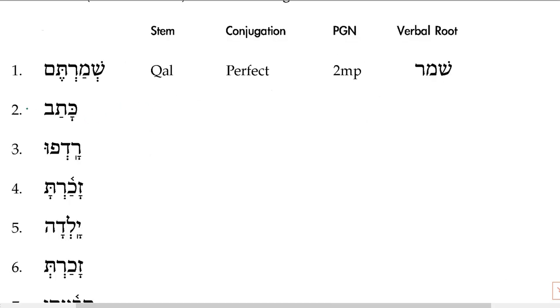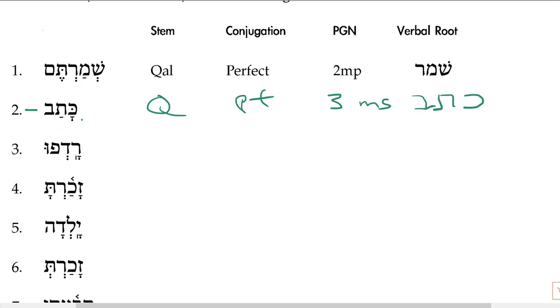So the first one here is not too interesting. We've been seeing nothing but these so far. It's the Qal Perfect 3MS, and the root is katav, kaf, tav, bet, to write. And this would just be he wrote.